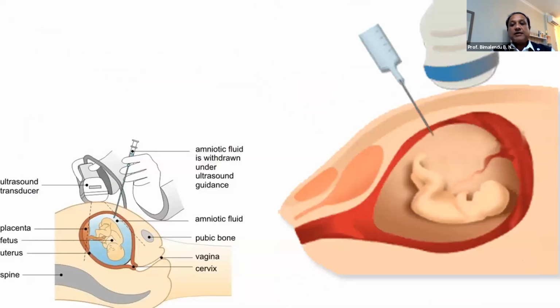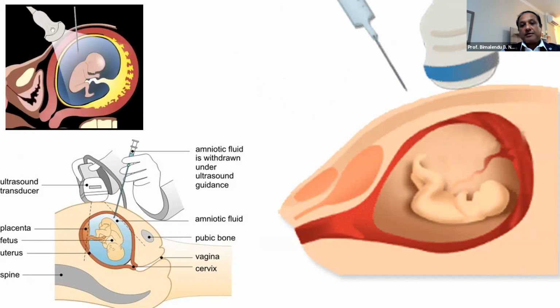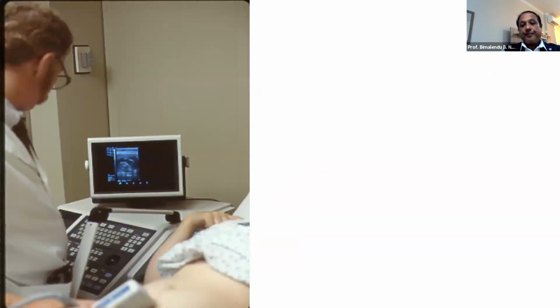And so it is always done through ultrasonography, with ultrasound transducers and a technological guide.